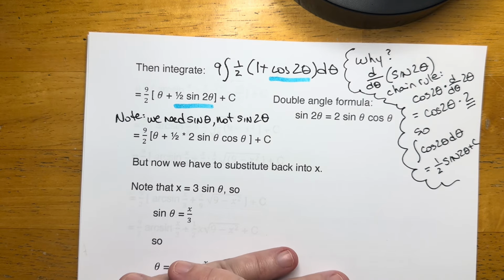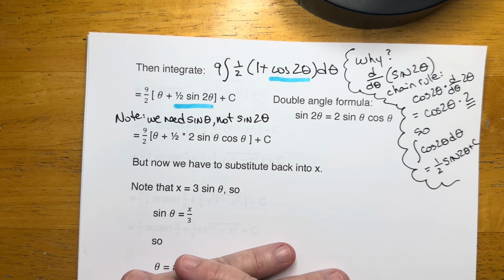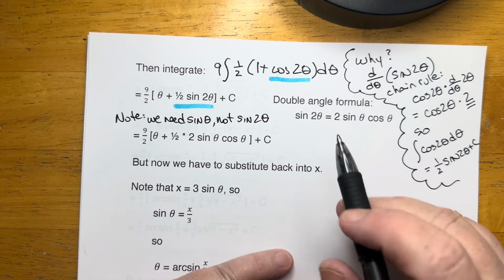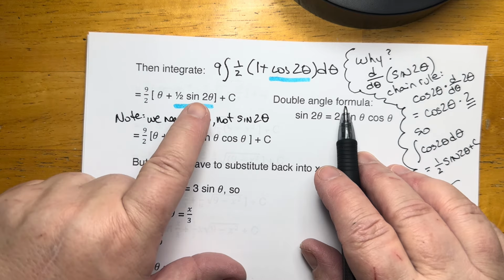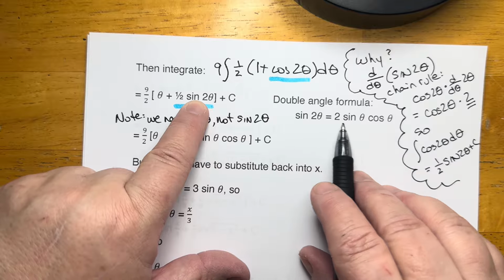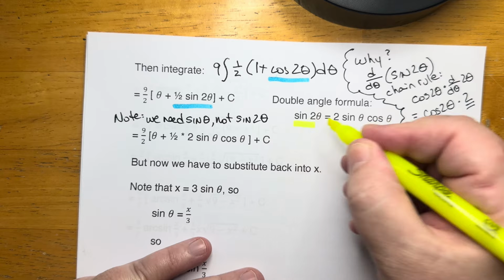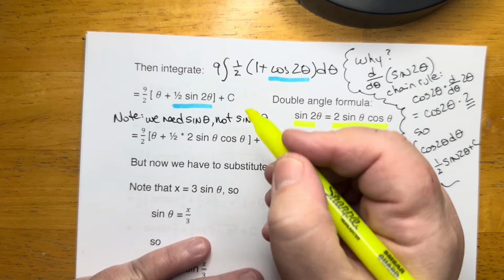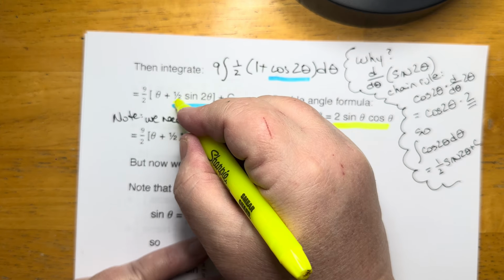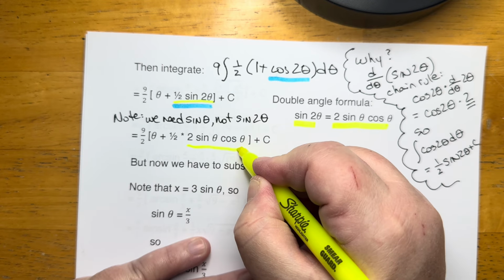So to convert back to sine of theta, not sine of 2 theta, we use this double angle formula. So sine of 2 theta is going to be this guy. So this is where that comes in.